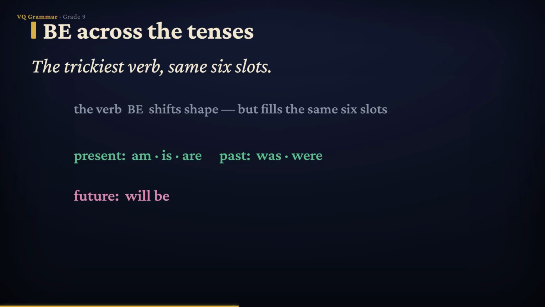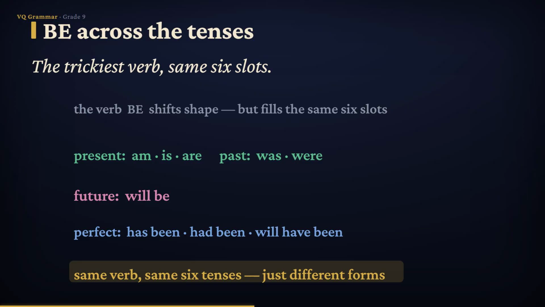And the perfect tenses follow the pattern you already know. Has been for present perfect, had been for past perfect, and will have been for future perfect. It looks like a lot of forms, but don't let that fool you. It's the same verb and the same 6 tenses. Be has just borrowed a different looking form for each slot.